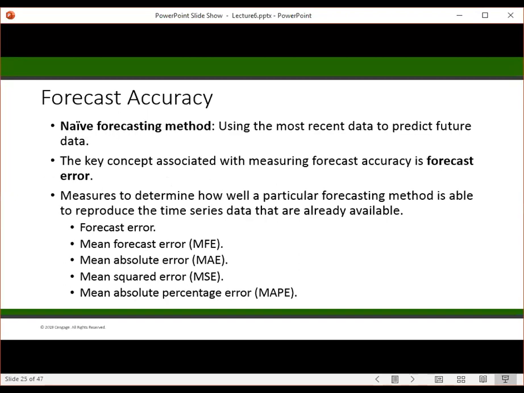We're just going to use the naive forecasting method to give an example, where we take the most recent value in our data to predict the future value. Then we're going to show how we get the different components that we use to make these different types of errors: the mean forecast error, the mean absolute error, mean squared error, and so on.